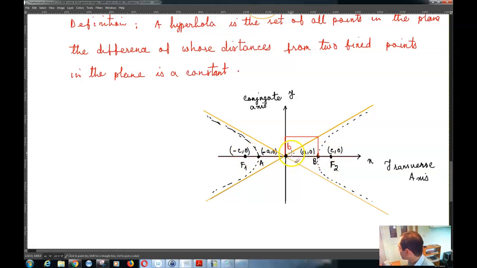The midpoint of the line segment joining the foci is called the center of the hyperbola. This is called the center. And the line through the foci is called the transverse axis. The line through the center and perpendicular to the transverse axis is called the conjugate axis. So this is called the transverse axis, and this axis is called the conjugate axis.